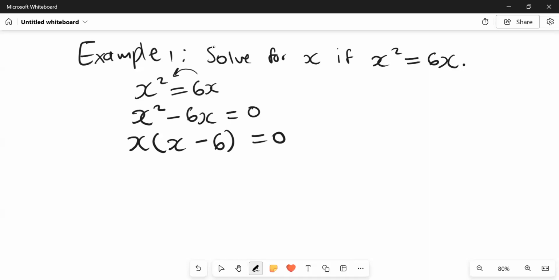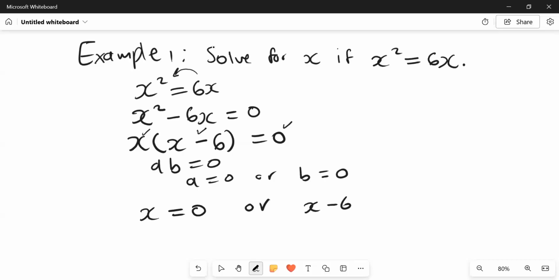Now let's use the rule a times b equals to 0. Therefore, a is equals to 0 or b is equals to 0. Meaning your x is your a and then x minus 6 is your b, and this is equals to 0. Right? Now let's apply that. So you have your x equals to 0 or x minus 6 equals to 0.